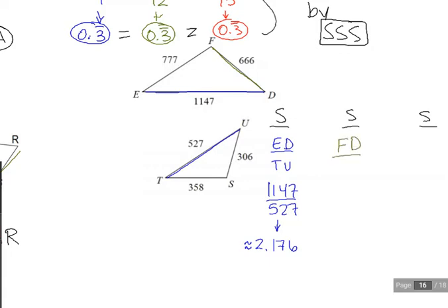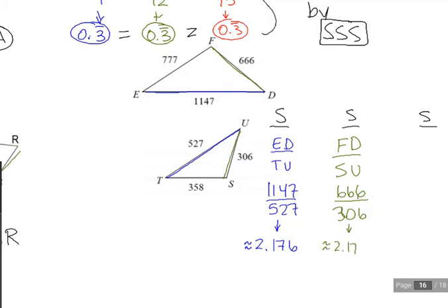Okay, so 666 over 306, we're substituting numbers. All right, so 666 divided by 306, we got, oh, look at this. We got 2.176. So we got 2 to match.